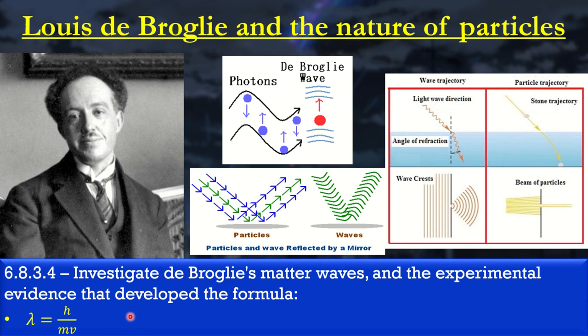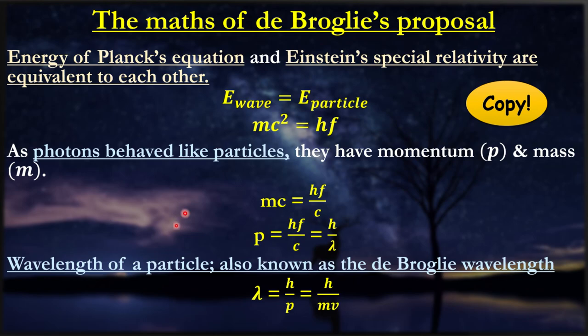So let's come up with the derivation to work out his formula. It comes up with a really ingenious idea because it uses E equals mc squared, from Einstein's special relativity, and Planck's equation as well. This is the formula we've dealt with.